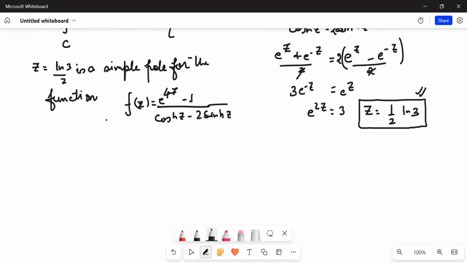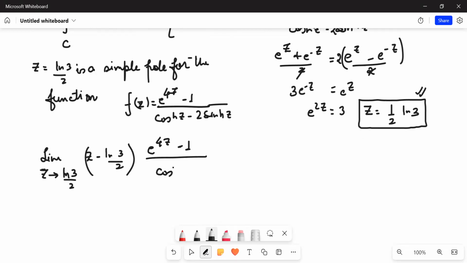We need to use this formula. So since ln 3 by 2 is your simple pole, I'll use z minus ln 3 by 2 into e raised to power 4z minus 1 divided by cos hyperbolic z minus 2 sine hyperbolic z.